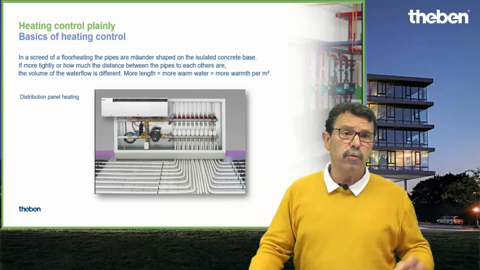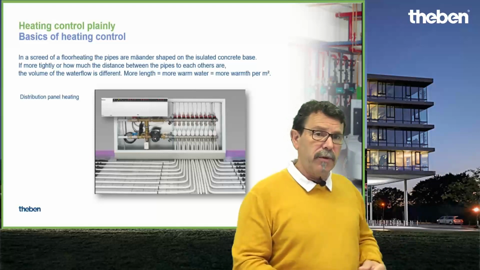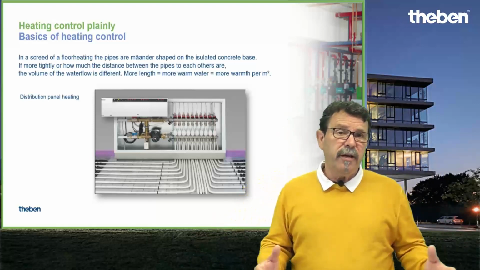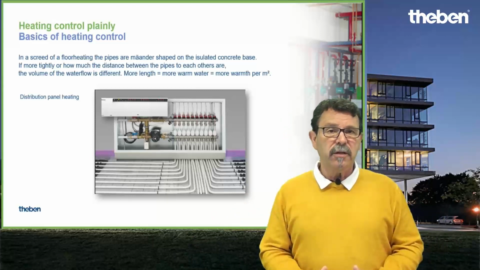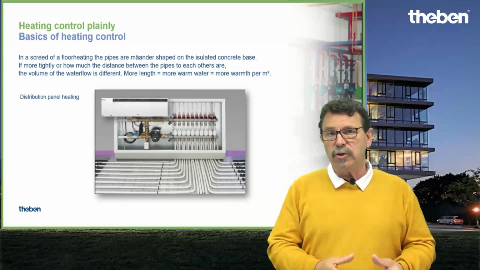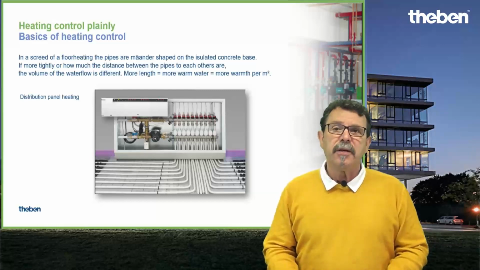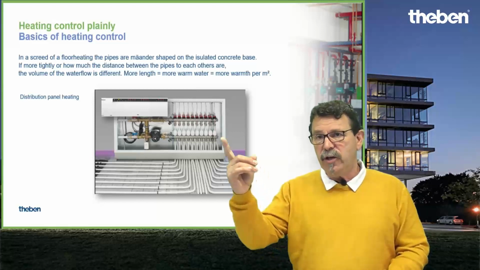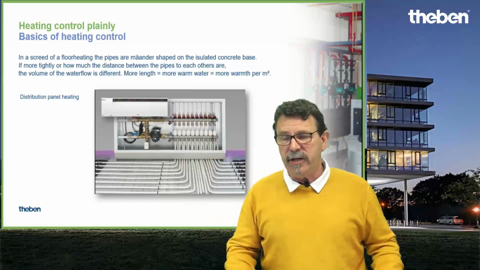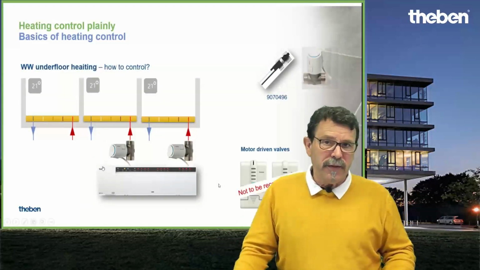So if you have a big room, like we have here in this industrial building or public building, then probably the circuit is too big for just one heating circle. So probably you have to control 2 or 3 together in one room, controlled by one heating actuator and one controller. And then you can link 3 of these valves together on one channel of this heating actuator here. So just that you know how it works.